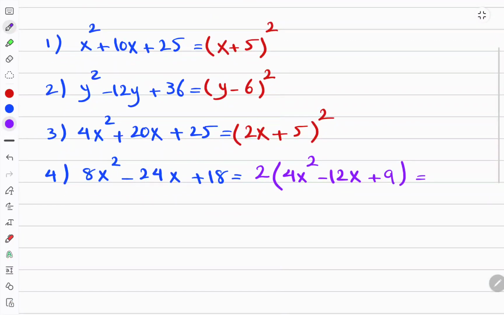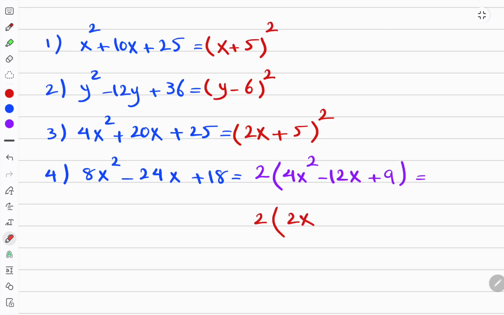And now we find that these three terms are good for perfect square factorization. The square root of 4x squared is 2x. Don't forget to write 2.